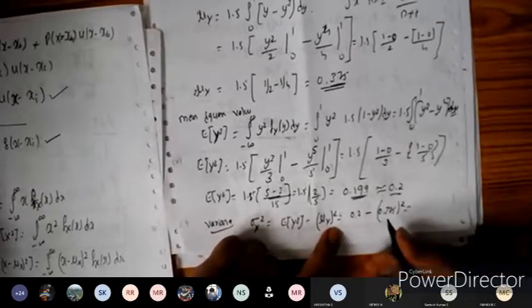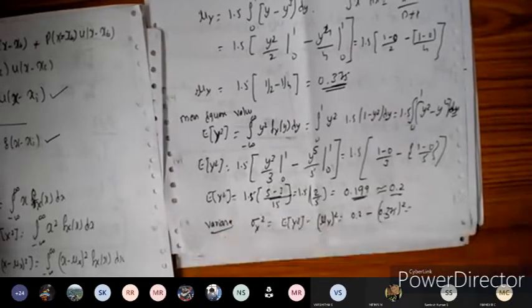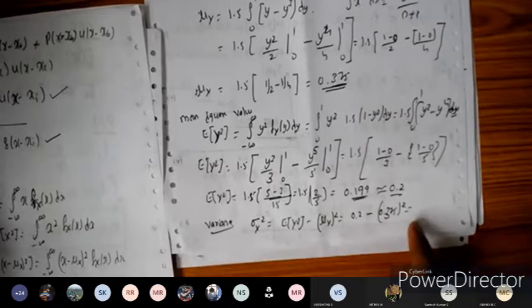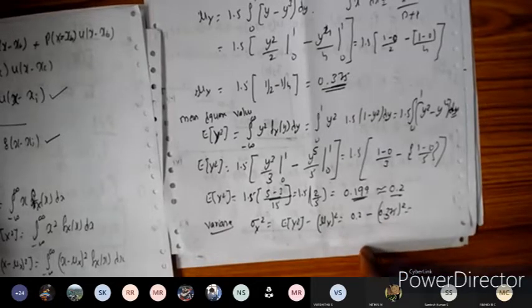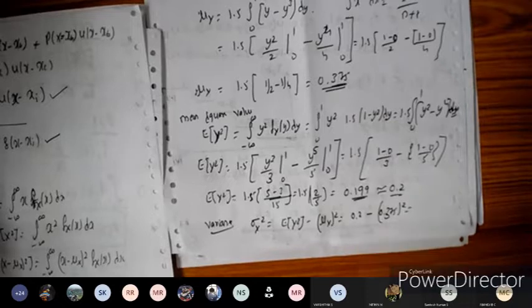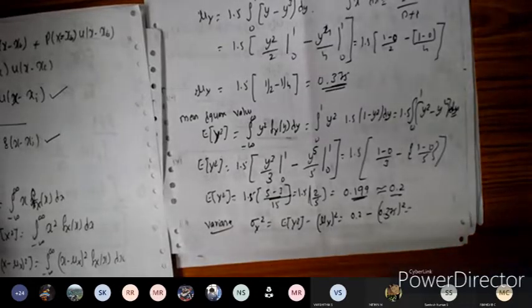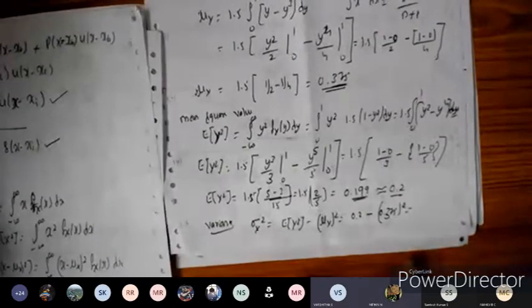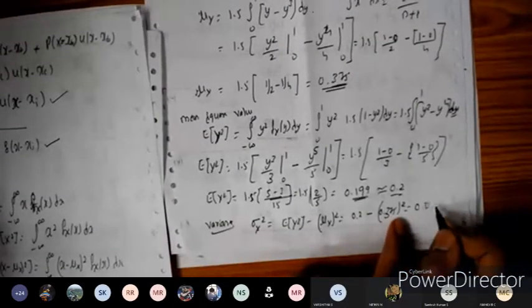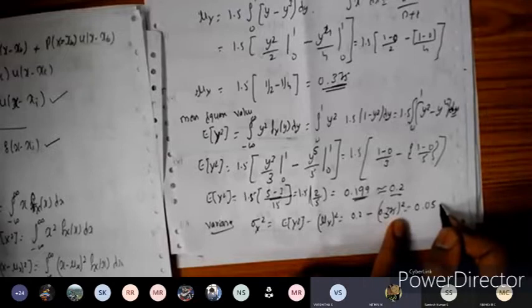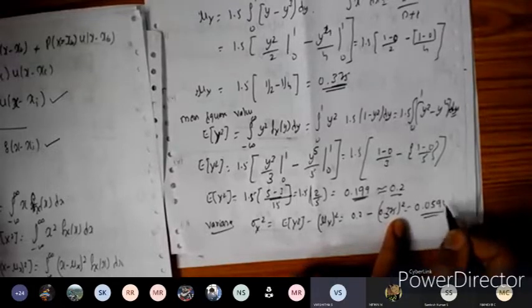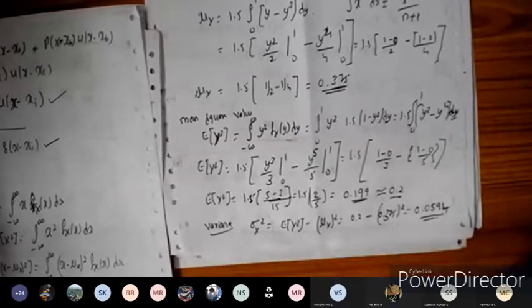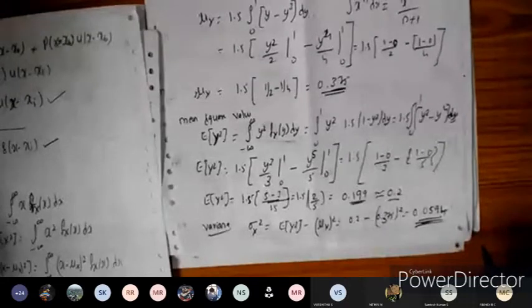What will be the answer? We'll get 0.2 minus 0.375 the whole square, which is 0.059. Very good. So done.